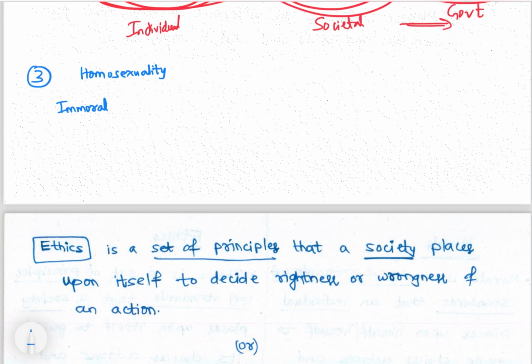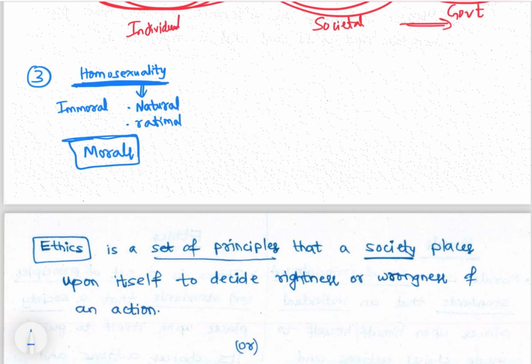They started talking about homosexuality as natural. They argued that if they are practicing homosexuality on their own, what is wrong? They have rights over their bodies, right? So it is natural, it is rational and it is logical. We must respect the rights of people who are homosexual. So homosexuality became the morals of those individuals.